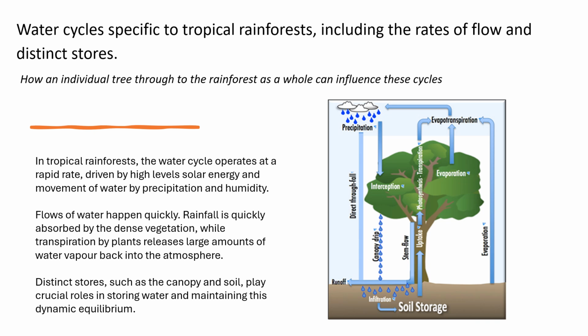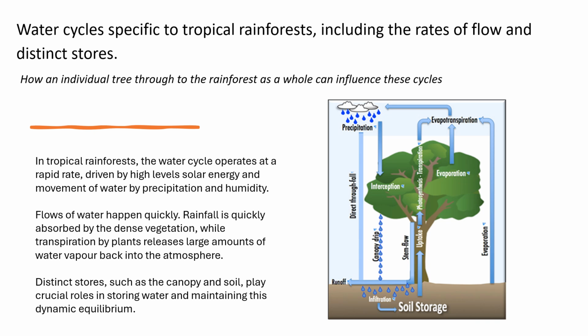So here it's intercepting it. It enables that water to flow down the stem flow and gently into the soils beneath it, where it may be stored or maybe then taken up by the plant itself and used within the biomass for photosynthesis. If that happens, you will get evapotranspiration from the leaves within the canopy, and that will return the water to the atmosphere as an output, where it will then condense and fall as rain again.